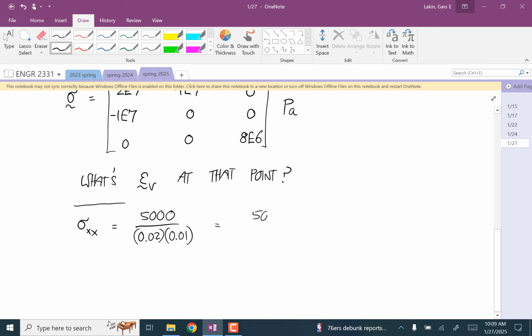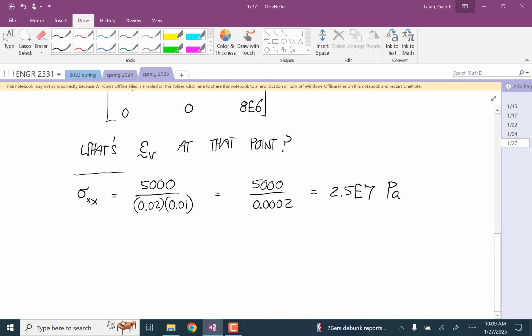And so that is 5,000 divided by 2.0002, and you get 2.5 times 10 to the 7 pascals. And now let's figure out the strain, the XX normal strain.